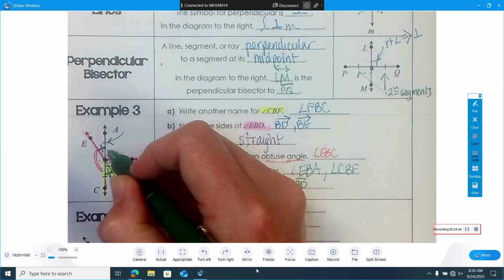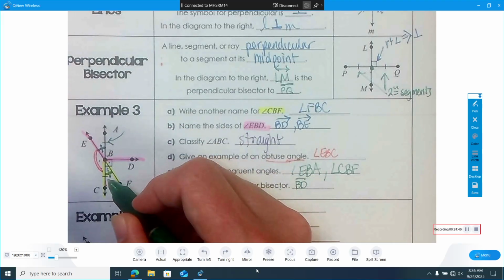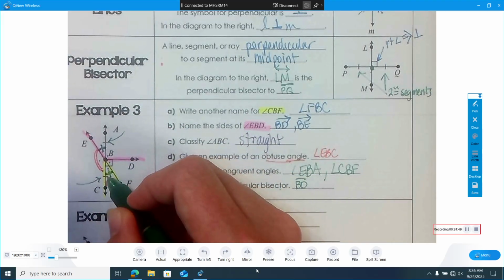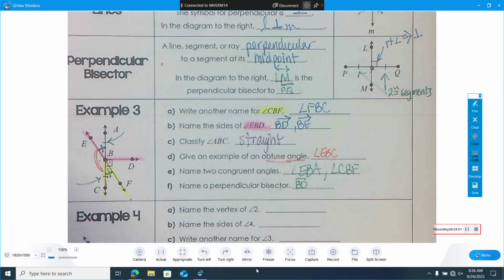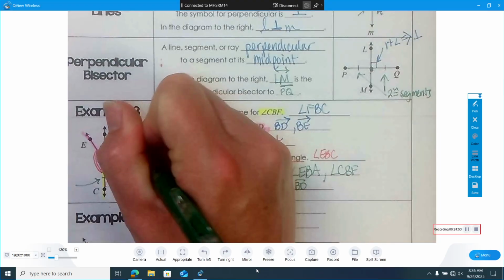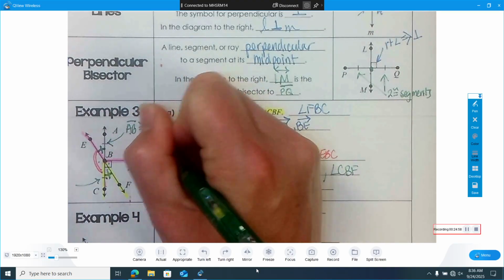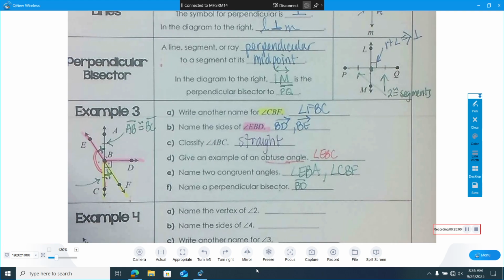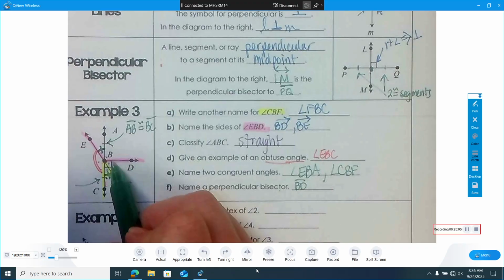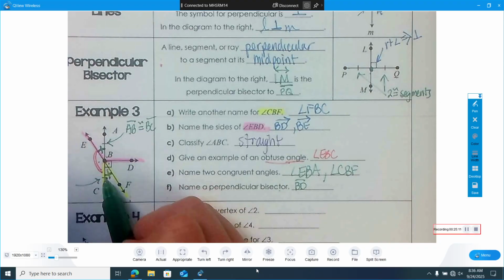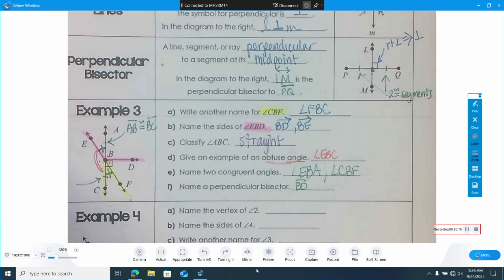Because what does this little mark mean? Congruent. We have a congruent mark there and there. So segment AB is congruent to segment BC because of those little markings. So those are two congruent segments, and BD has a perpendicular marking. Because I see that little perpendicular mark and the two bisected segments, BD is a perpendicular bisector.